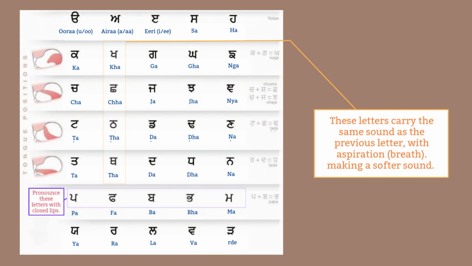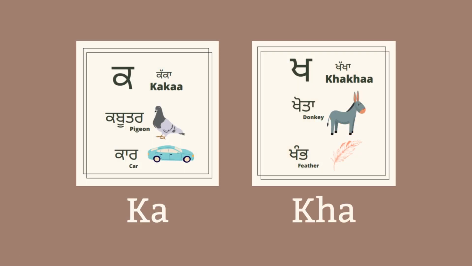The other rule to follow is that in rows 2 to 5, if you look at the second alphabet, they carry the same sound as the previous letter but with aspiration, that is, an extra breath, making a softer sound. For example, Kakka Ka, Kar, Khakka Kha, Khumb.